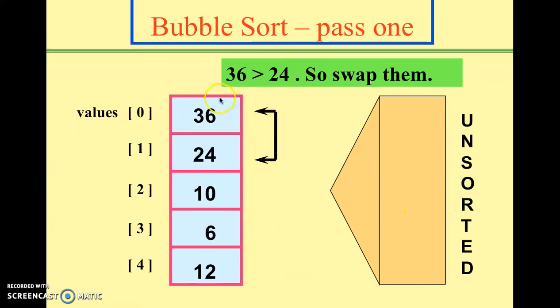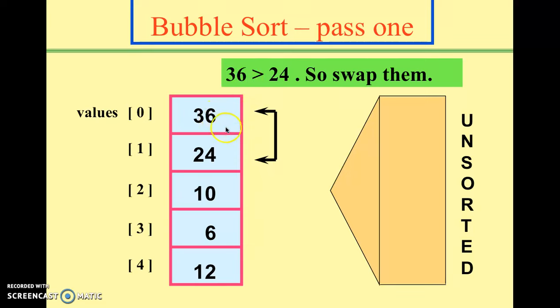So we start our unsorted array iteration always from the beginning of the array, and we see whether the first 2 elements are correctly ordered or not. So if we are sorting the array in ascending order, then 24 should come before 36.